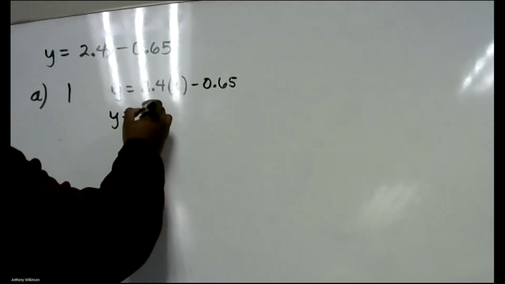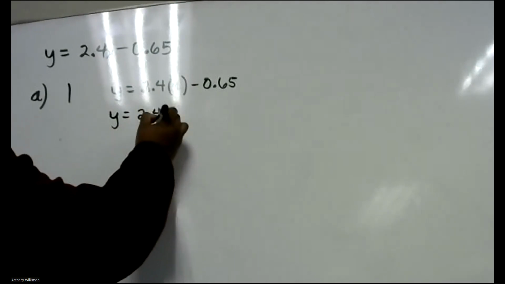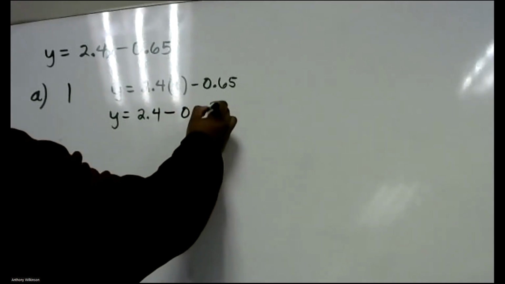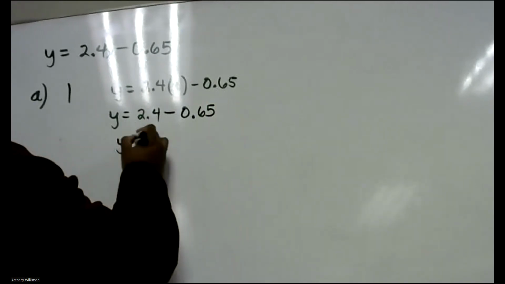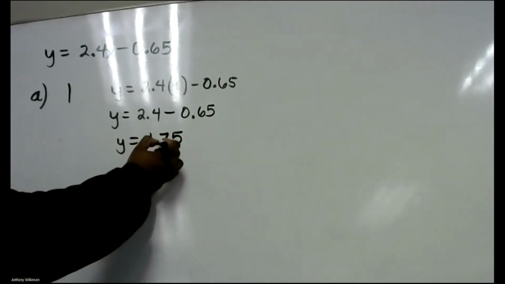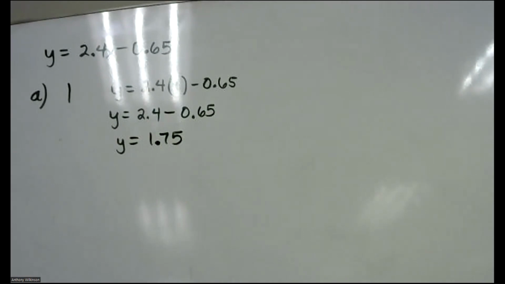So y in this case would be 2.4 minus 0.65, which is how much? 1.75. So for x being equal to 1, we would expect to get a y value of 1.75. All right, questions on part A.